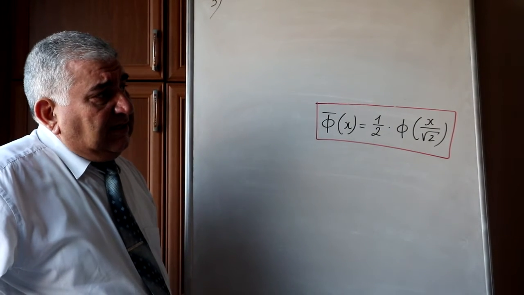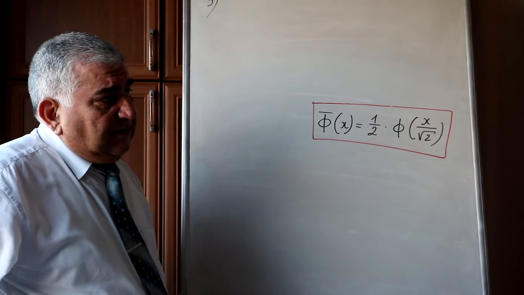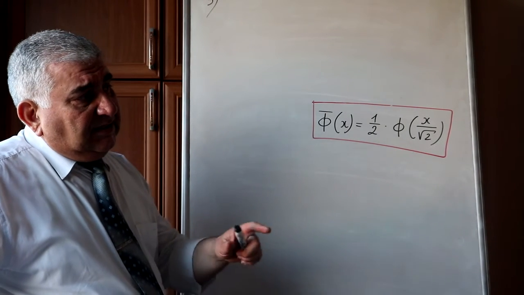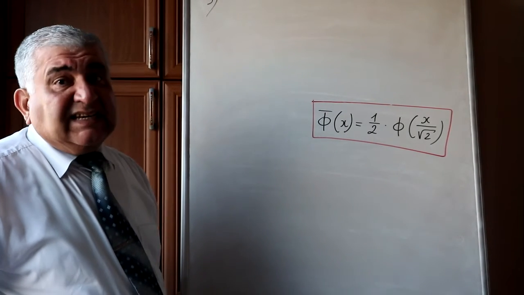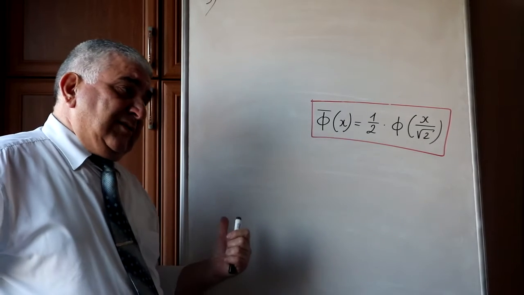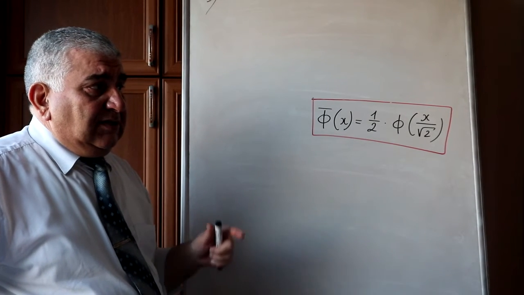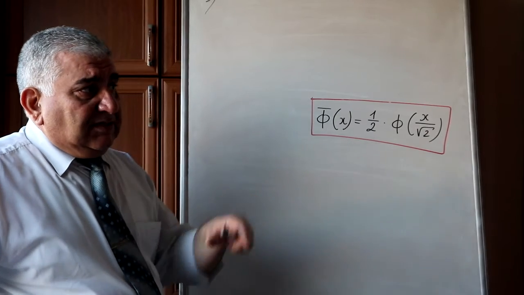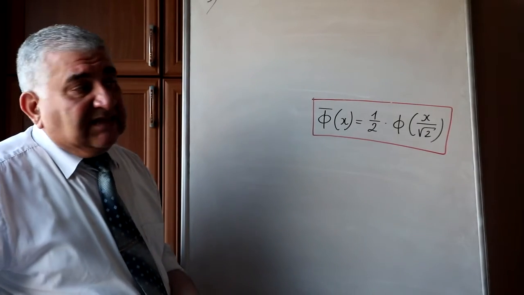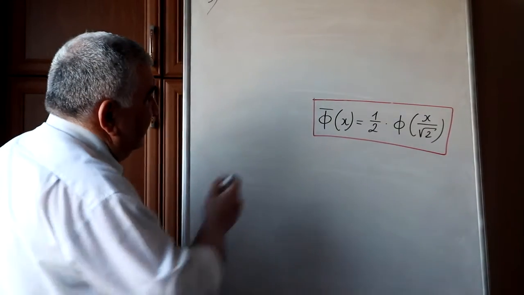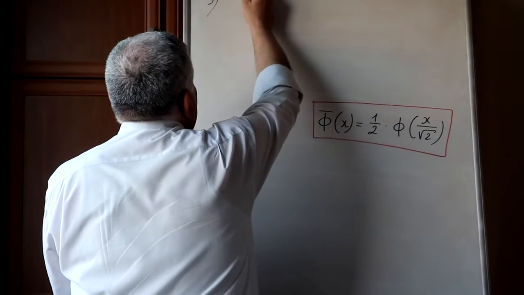And you know that if the derivative of some function is positive, then the function itself is increasing. But if the derivative is negative, then the function itself is decreasing. Find the derivative of phi bar of x.